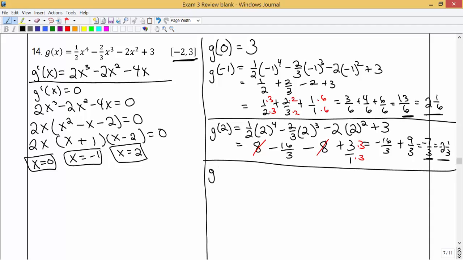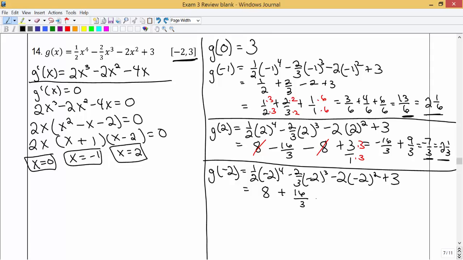Alright, g of -2. -2 to the power of 4 is 16 again. Then we take half of that, we get 8. -2 cubed is -8 times -2/3, so we get positive 16 over 3 this time.